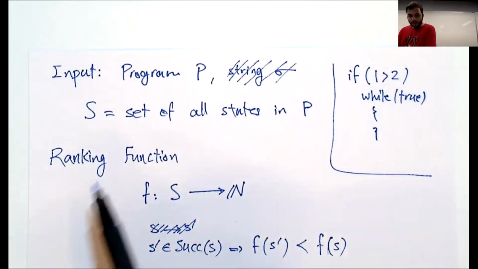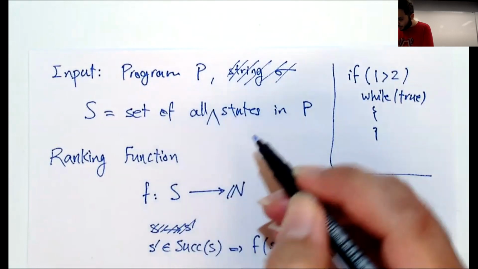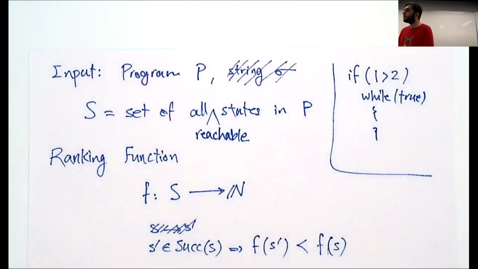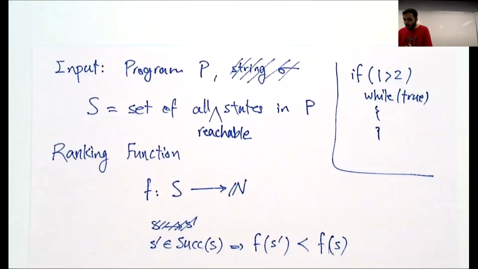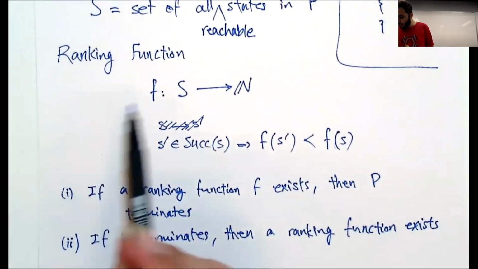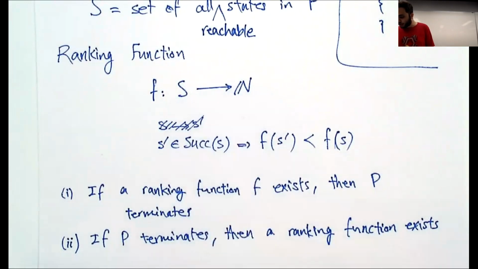So let's say that S is the set of all reachable states in P. I take the set of all states that can somehow be reached from my initial state. And then I say that a ranking function is a function that maps each one of these reachable states to a natural number.